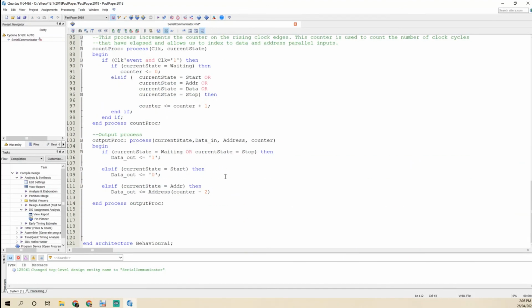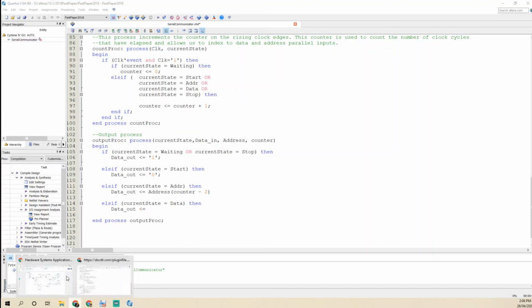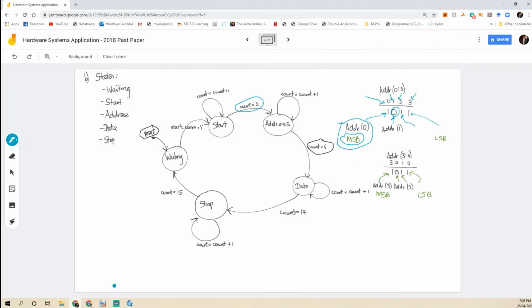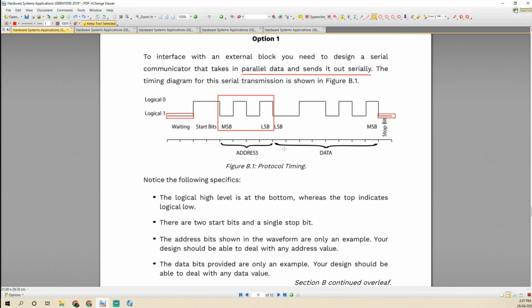That same logic applies when I'm in the data state now. So if my current state is equal to data, then my data out, which I'm sending out 1 bit at a time from this 8-bit wide parallel data input, I want to send out least significant bit to most significant bit.